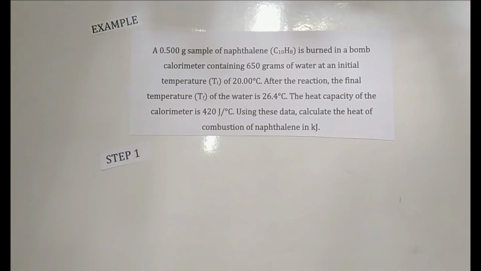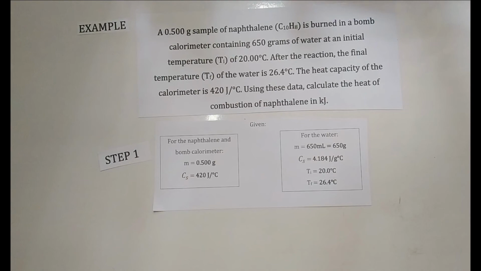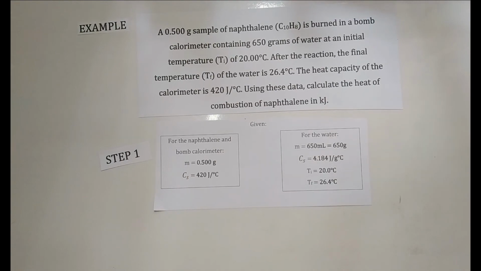To solve this problem, we need to first identify the given. For the naphthalene and bomb calorimeter, we have the given mass of 0.5 grams and the heat capacity of the calorimeter, which is 420 joules per degree Celsius.